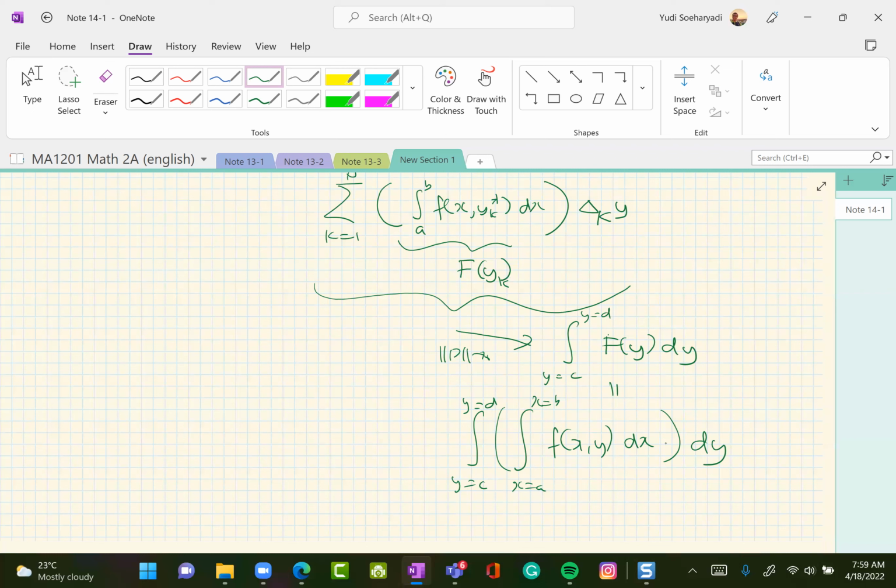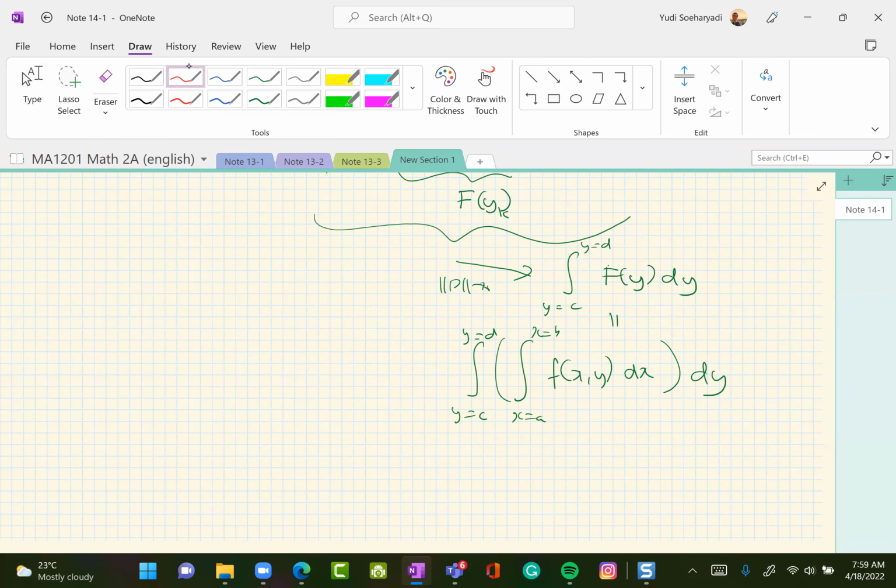Okay, so that means this is what we call the iterated integral. Iterated meaning that it's something that you apply over and over, a repeated integral.